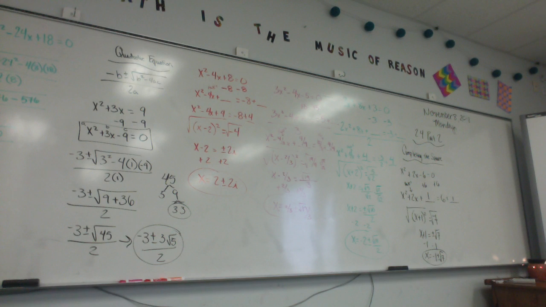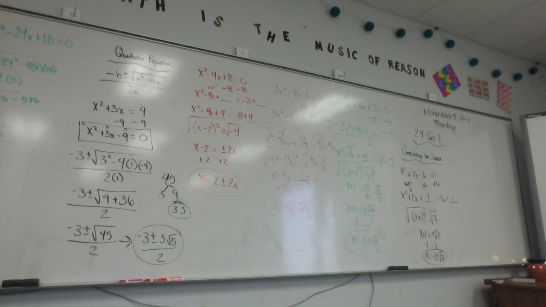What's the square root of 0? 0. So I end up getting 24 over 16. What does that reduce to? Can 4 go into both of them?